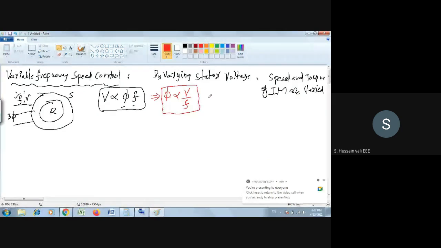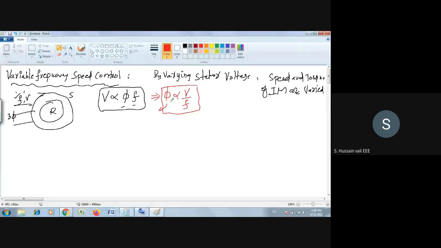What you need to understand here is that this equation we can get directly. Now here you are varying the frequency. When you vary the frequency, the flux will vary, but generally you try to maintain this flux constant.